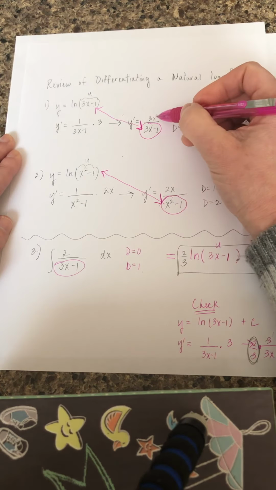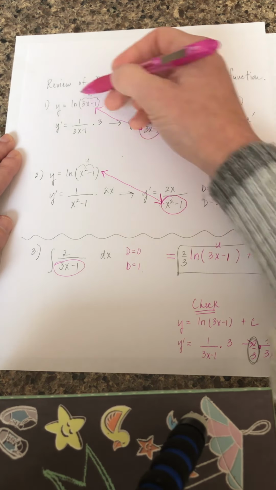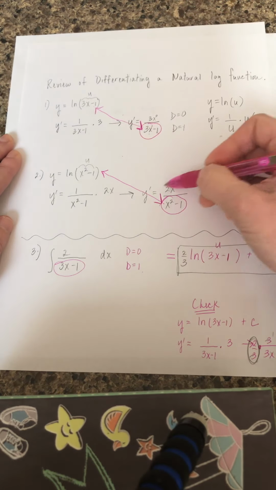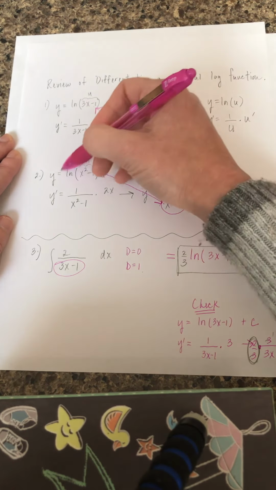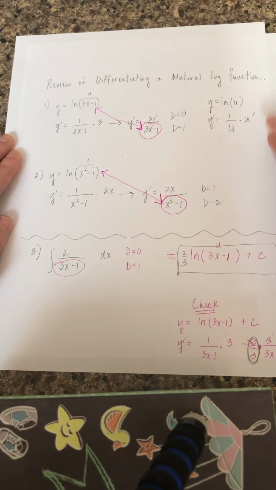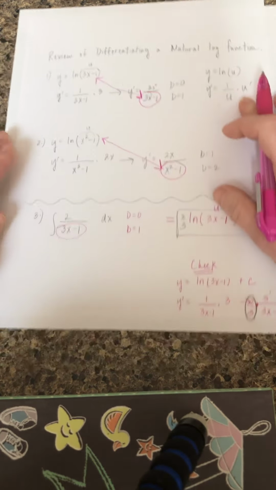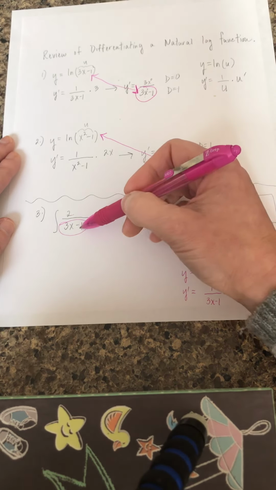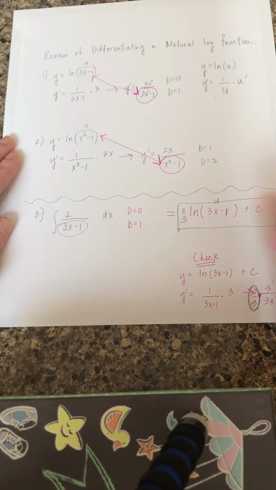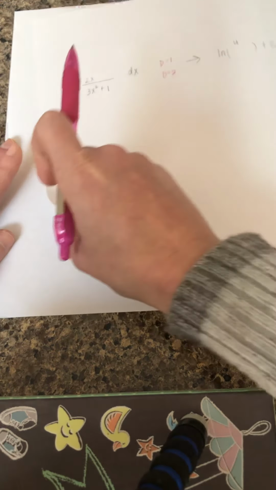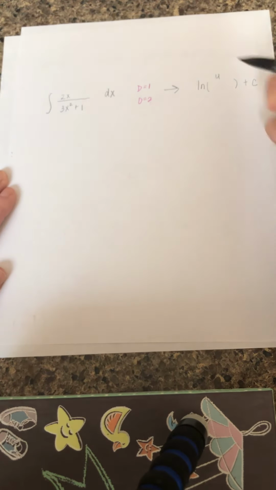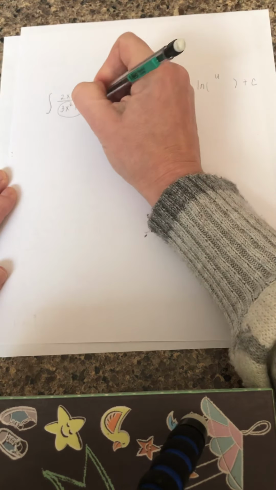Notice that the numerator, the 3, didn't show up in the original problem. Notice the 2x here didn't show up in the original problem. It's the denominator of the derivative that's crucial. Okay, same thing down here. Our denominator was 3x minus 1. Check out what that u value is, right? So we're going to follow that same relationship. And we're going to understand that the u value is here.